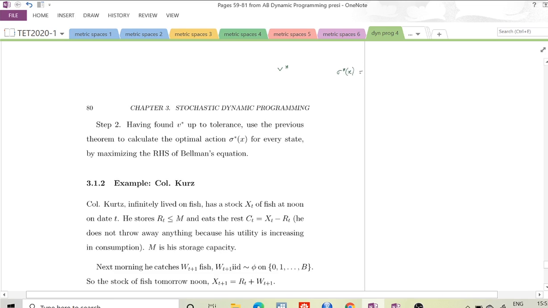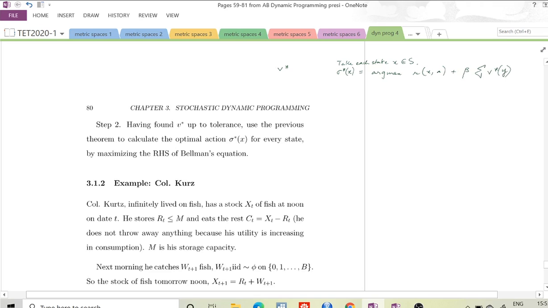we do this maximization exercise. We take each state x and we choose a maximizer. We found our V star virtually.